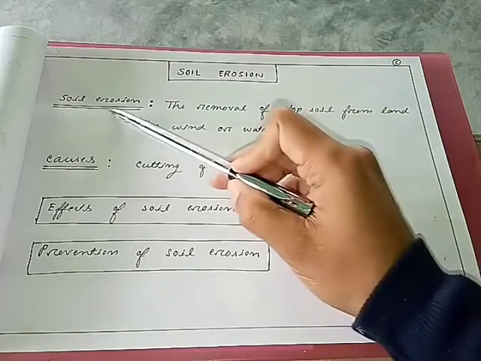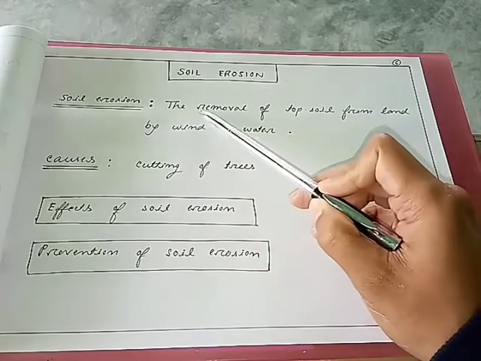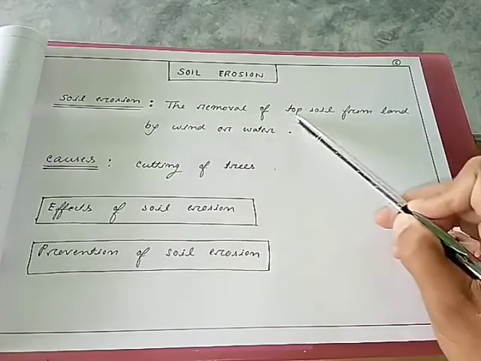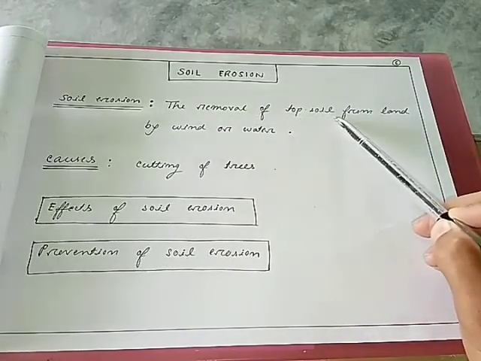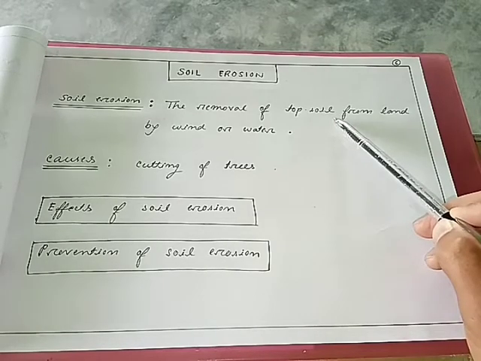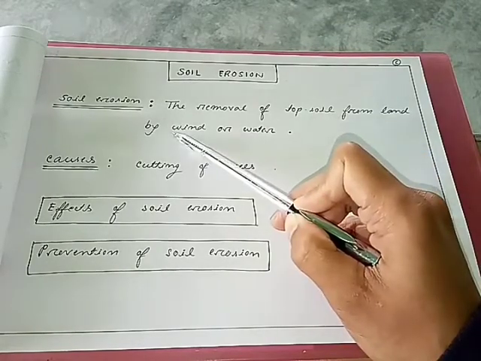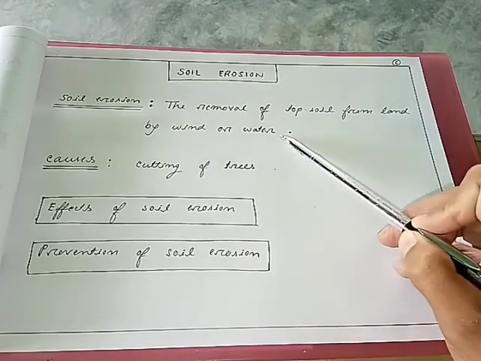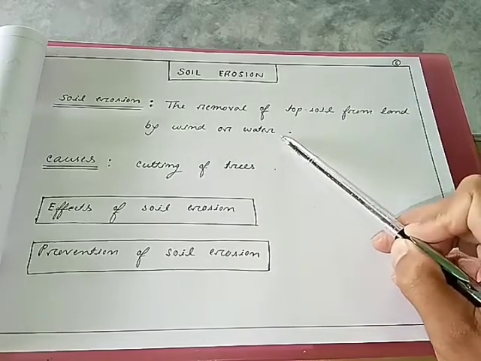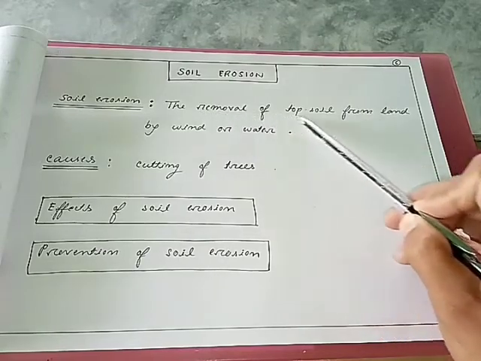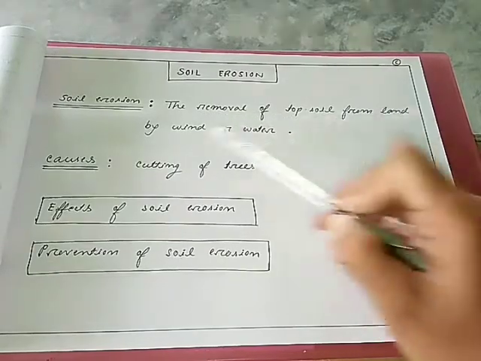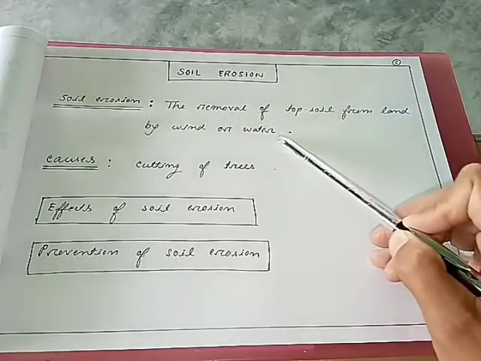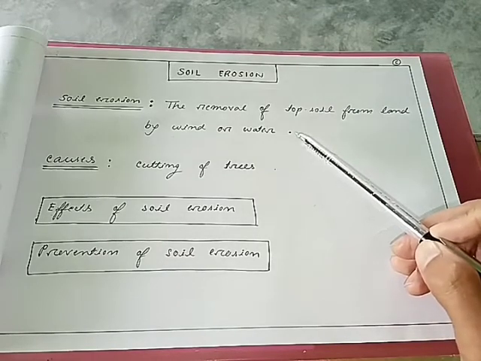So in soil erosion, the topsoil, the top layer of the soil is removed by some environmental factors like wind or water. Okay, so that removal of the topsoil from the land by wind or water is known as soil erosion.